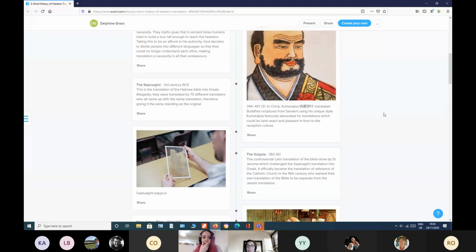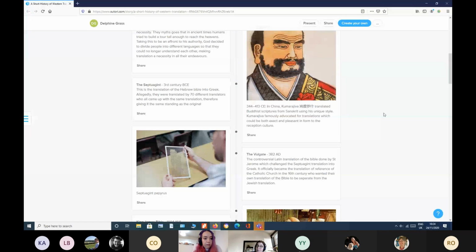Another important landmark, a historical one this time, is the Septuagint in the 3rd century BCE. This is the translation of the Hebrew Bible into Greek. Allegedly, it was translated by 70 translators who all came up with the same translation. The story goes they were all locked up in different rooms, and miraculously, they produced exactly the same translation. Therefore, this gave it the same standing as the original.